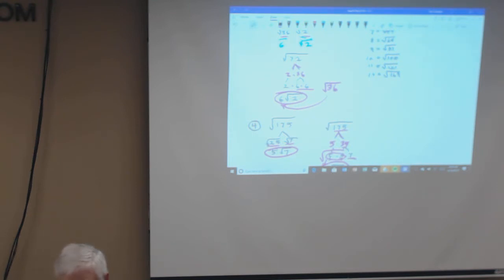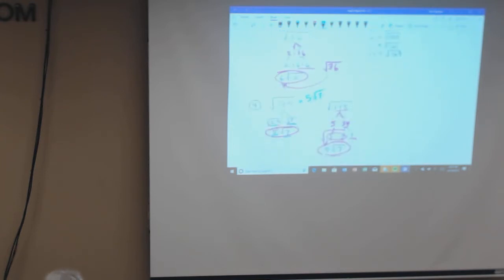And 3 25s in 75, so that would make 7. So I put the square root of 25 times the square root of 7. And then the square root of 25 becomes 5, so this equals 5 times the square root of 7. Isn't that cool?